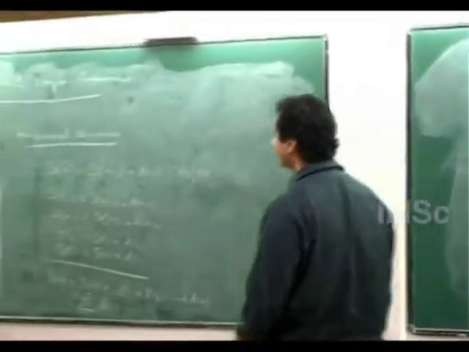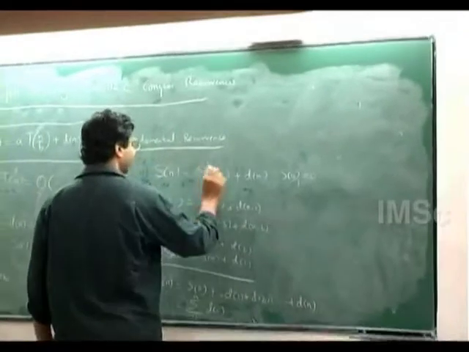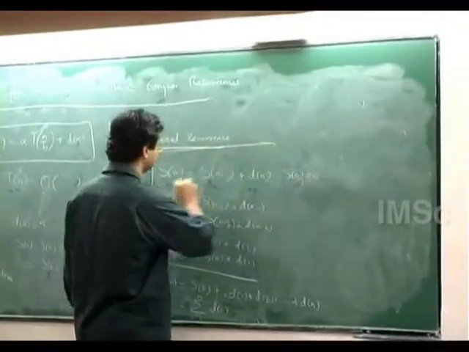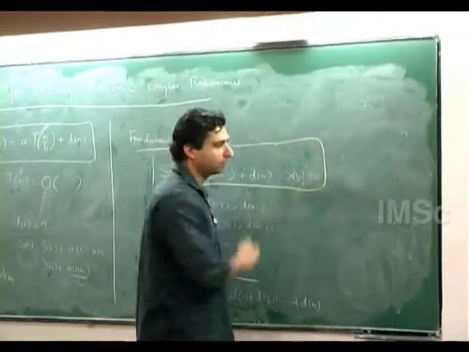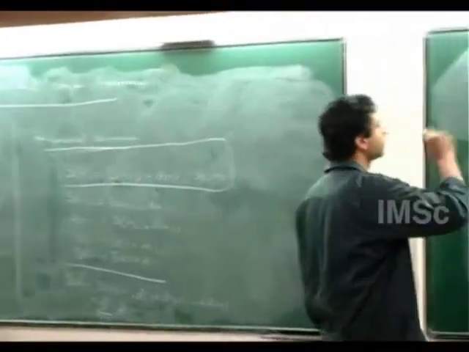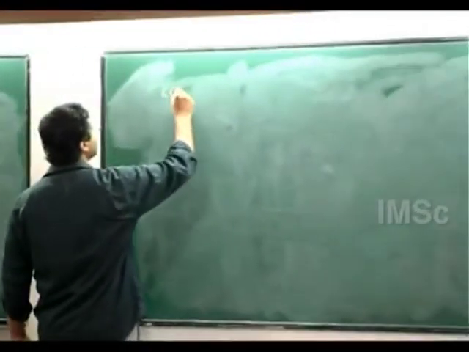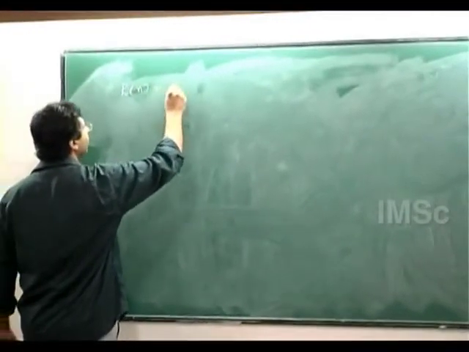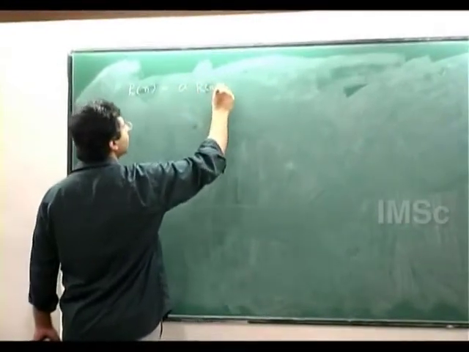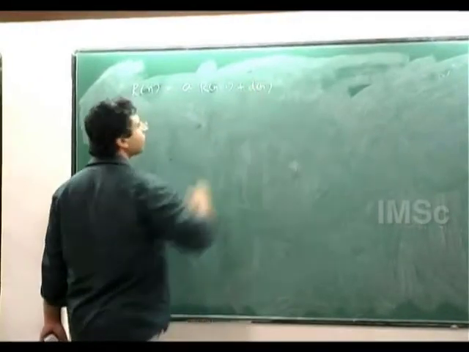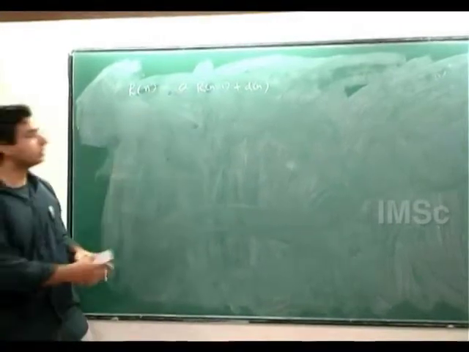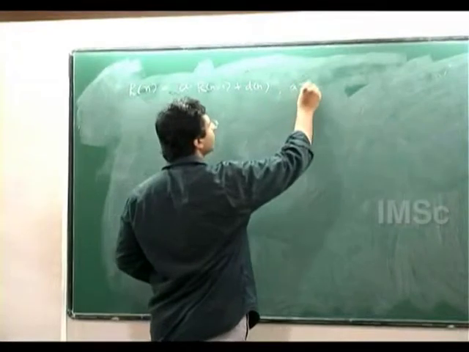So let's start with a slightly more involved recurrence, of this form. It's more involved than the fundamental recurrence, because I have introduced some constant a. Let's say a is some positive constant.